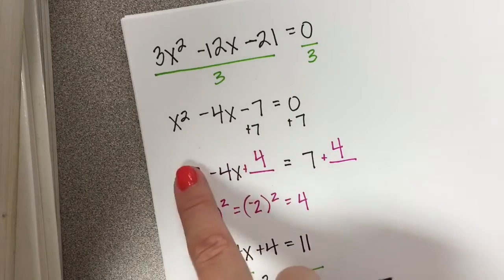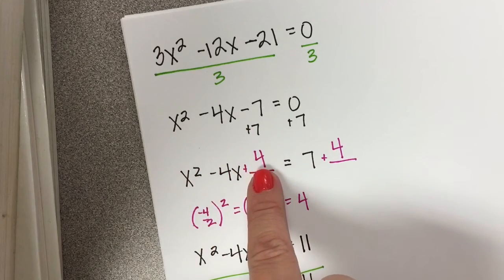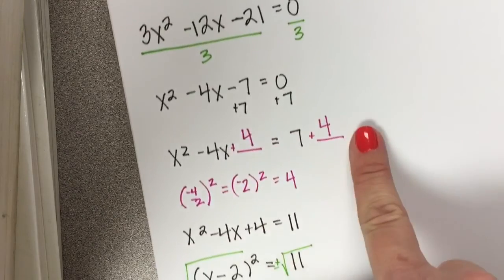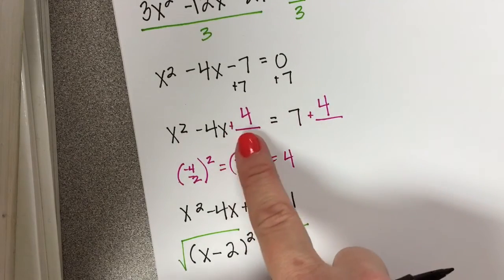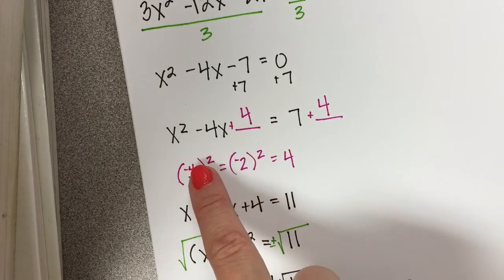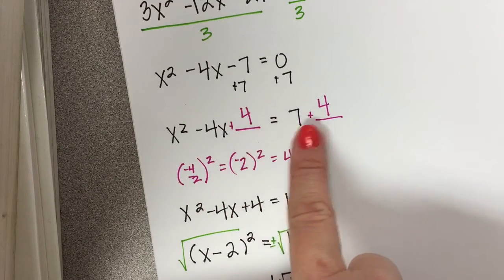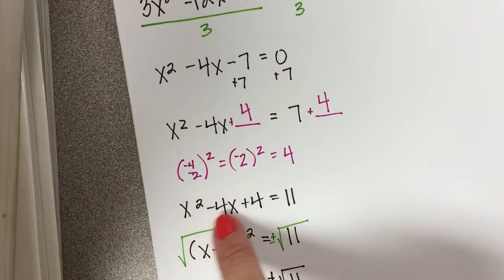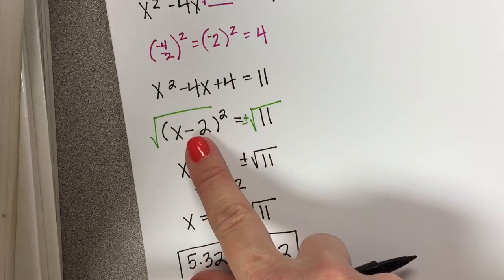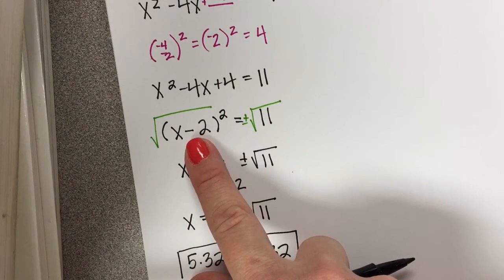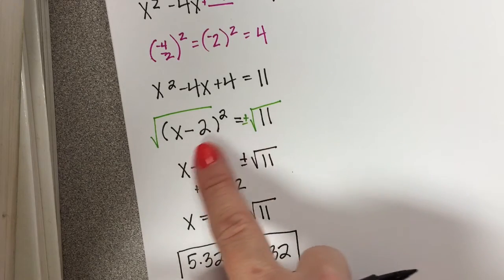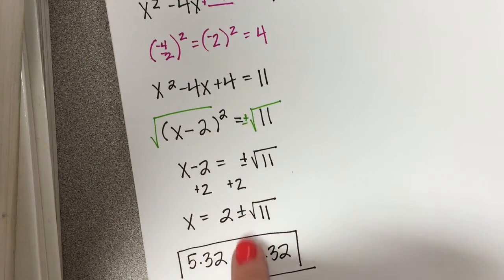This was not perfect, so we made a perfect trinomial by completing the square. I completed the square by adding in the C, which was b over 2 squared, so I added that in on both sides. Now I could take that perfect trinomial and factor it into x minus 2 squared. Then I take the square root of both sides, and then I solve for x.